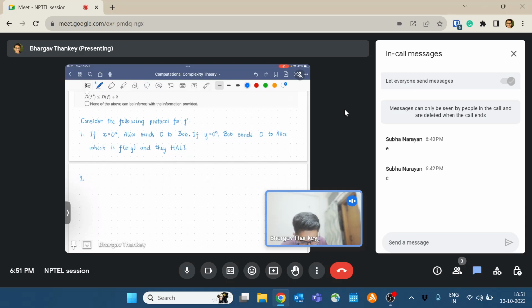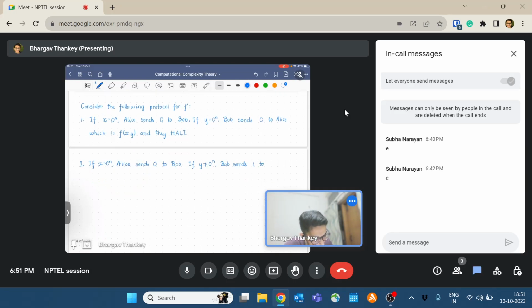The second case is if x is 0^n, Alice else. But now Bob sends 1 to Alice to tell Alice that they have to continue the protocol, and they execute the protocol for.